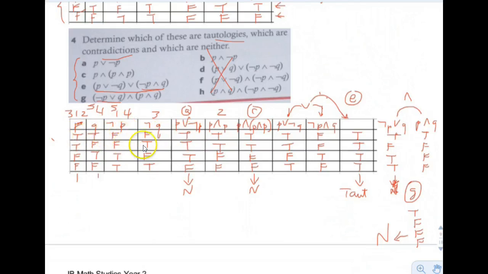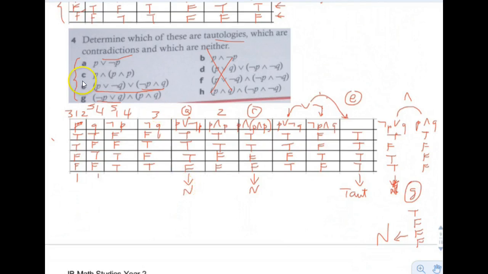True or false yields true. False or true yields true, and false or false yields false. Only both false is going to yield a false here. So if it's true, true, true, false, is that a tautology or a contradiction? Well, a tautology is when everything is true, and a contradiction is when everything is false. If it's mixed, it's neither, so I put an N.